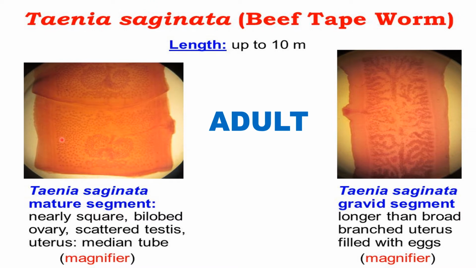Okay, so here, scattered ang testis niya surrounding the ovary. Okay, so median tube here sa center, amo ang uterus niya. Okay, so as well as for mature proglottid, it contains vaginal sphincter. So kabalo naman kita, here try to observe, may ari siya guys na naga-pointed and then pointed man di. So it controls the release of the eggs. Okay, so that's for the vaginal sphincter.